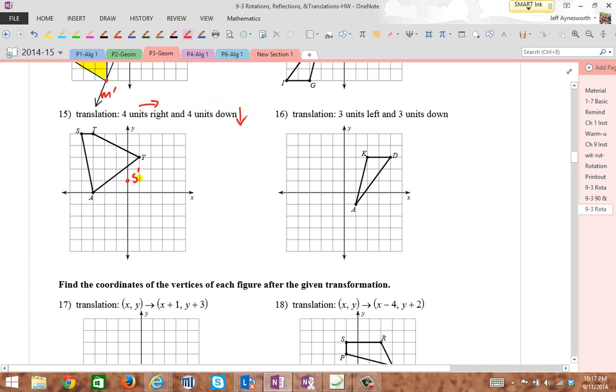Right 4, down 4. There's T prime. Right 4, down 4. Again, you go right 4, and then down 4. Right 4, down 4, and that's Y prime. And then right 4, down 4. Just count, guys. That's all you have to do, and you get A prime there.